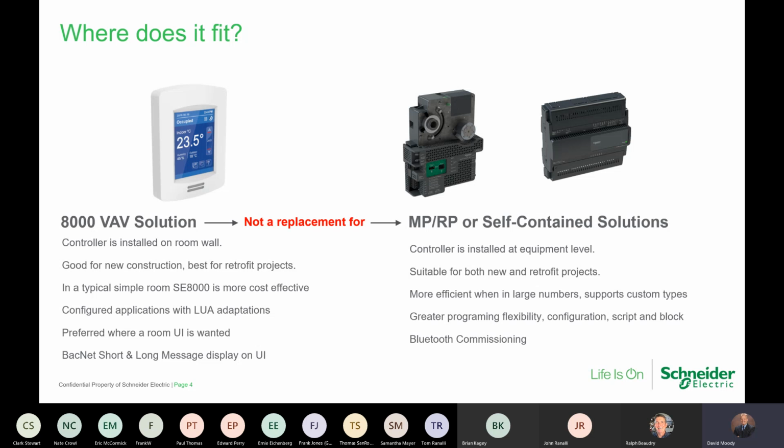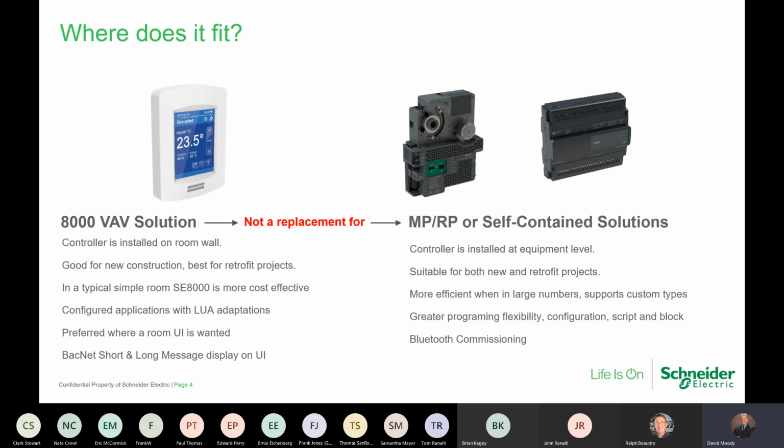The MP is what you would typically see as a self-contained with the damper actuator built onto it, and you just plug your wires into it and you tie into a BMS system, and the air balancer uses some software tools to do all of his air balancing. Our VAV solution on the 8000 series to the left is not a replacement for those types of applications, right? And as you can see on the slide here, it talks about where it fits and where it doesn't fit.